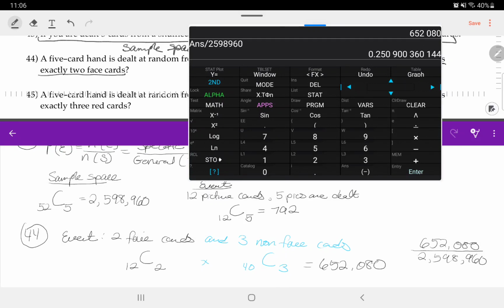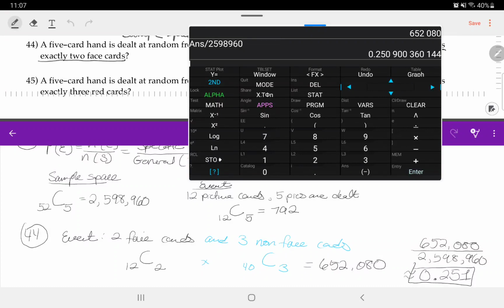And I want to round to 3 numbers after the decimal. 0.251, because that 9 will make that 0 round up to a 1. Actually, I want to round this to 4 numbers after the decimal. So 0.2509.